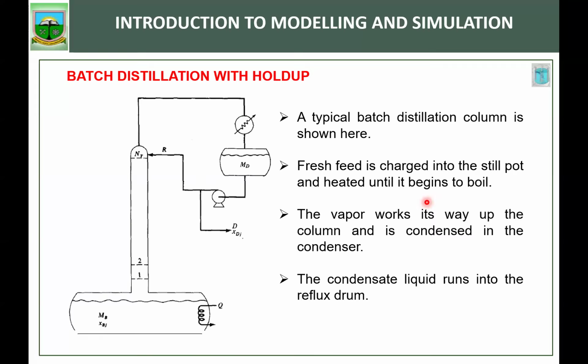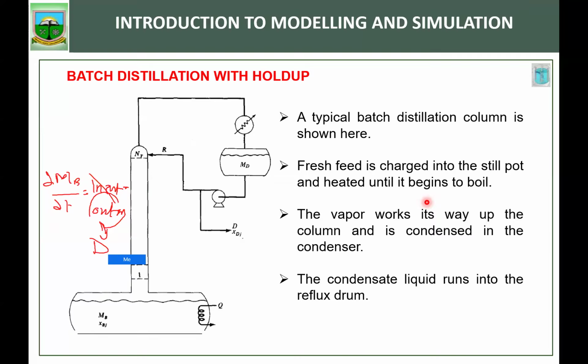So you see that initially there's no input. Ideally, the change in mass over dt should have been equal to the input minus output. But there's no input because we put everything in and close. We don't inject. There's no flow in. It's only at a certain point in time that we take out what we call the distillate.